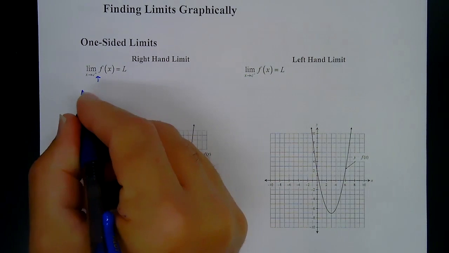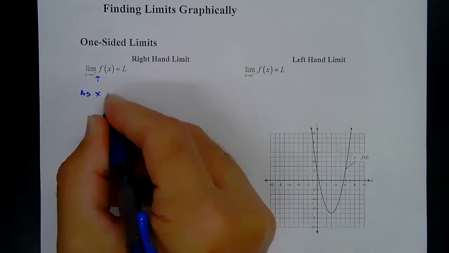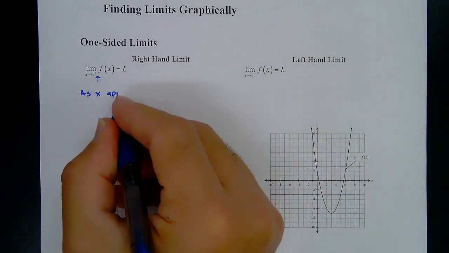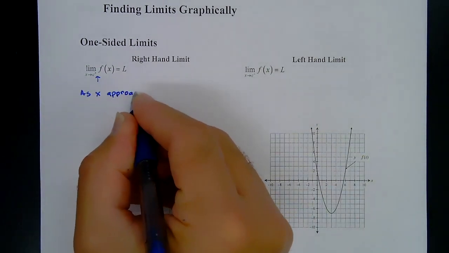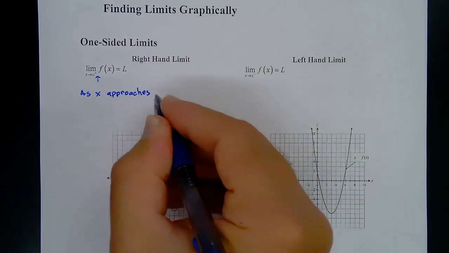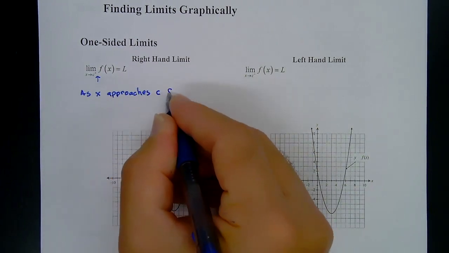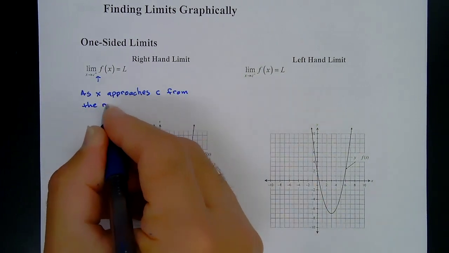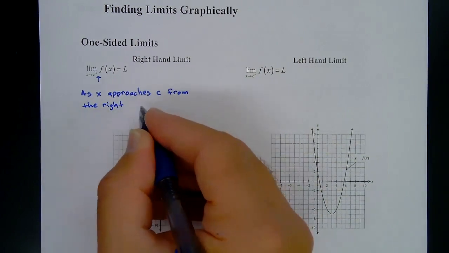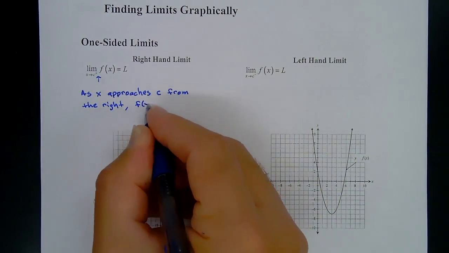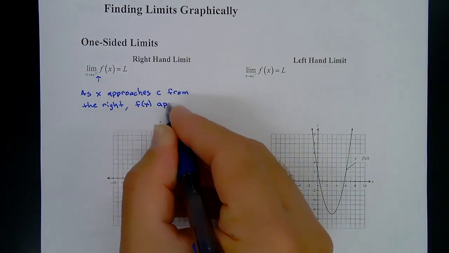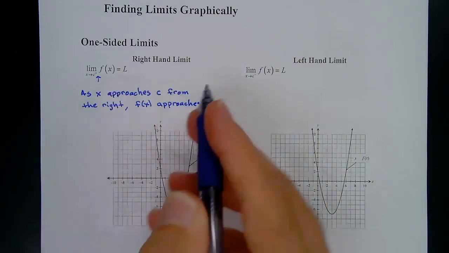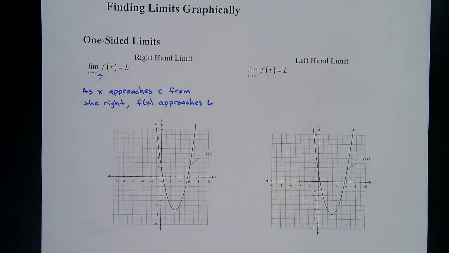So as x approaches c from the right, f of x approaches this number that we're calling L. Okay, and that's how we read it, okay?